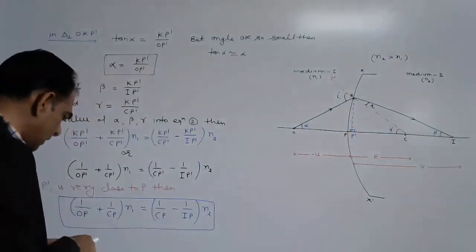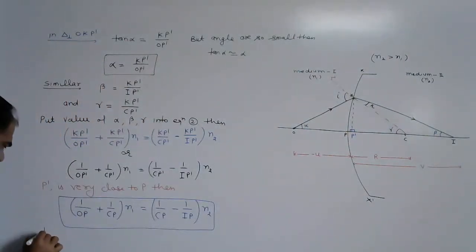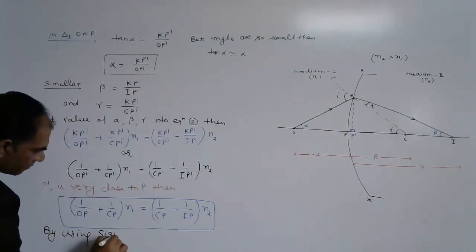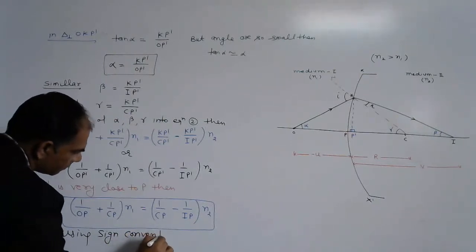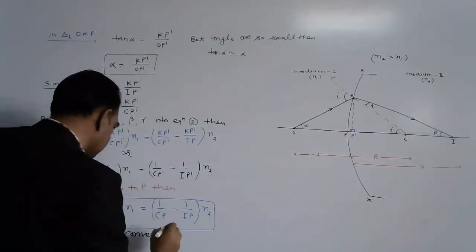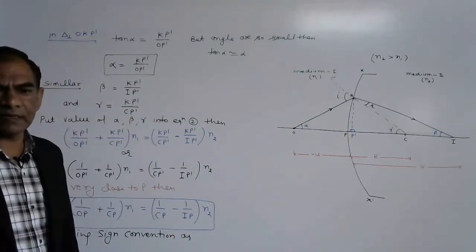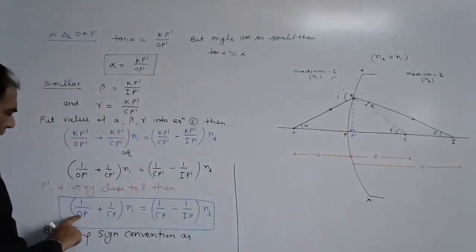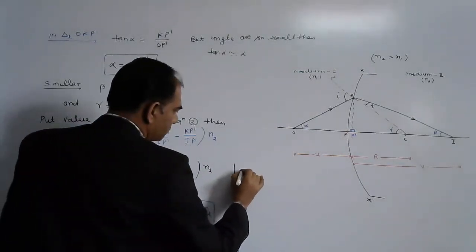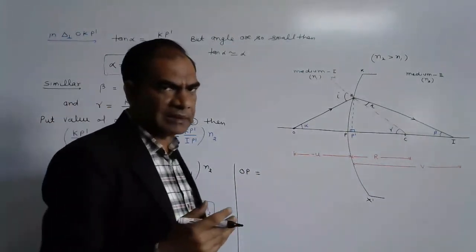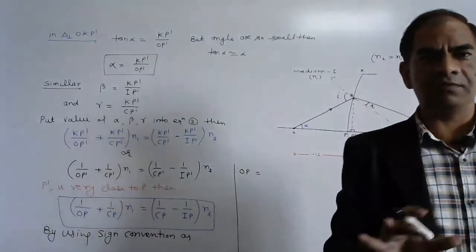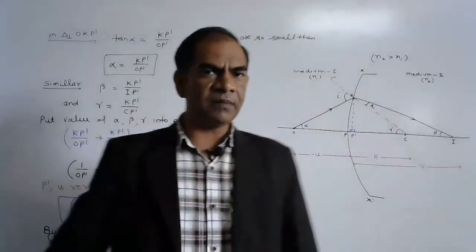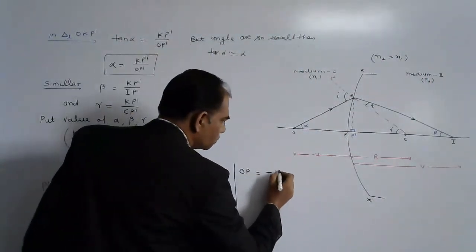Then by using sign convention, the sign convention is as follows. From the diagram, OP, O to P, is the distance of the object from the pole, and on the left side it becomes negative, so its value is minus u.